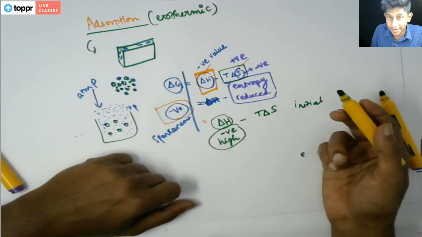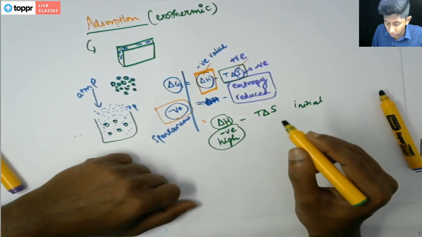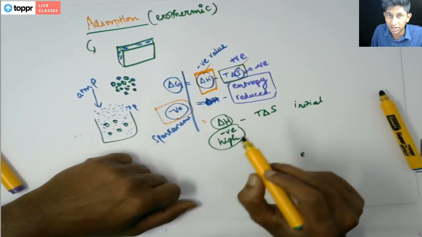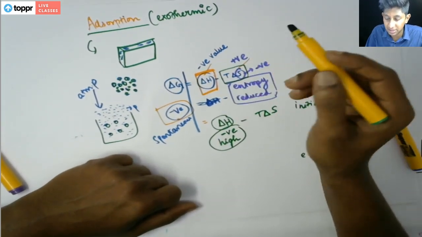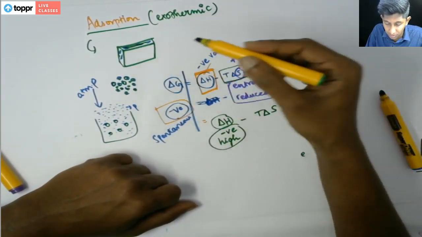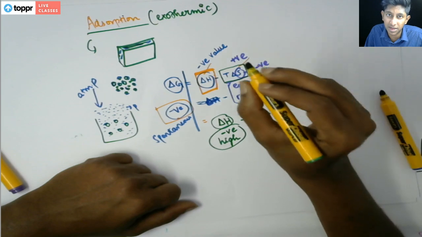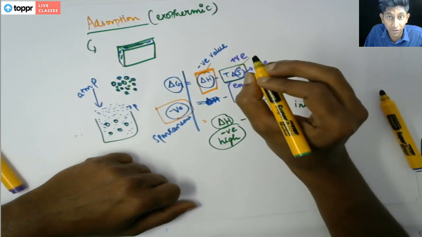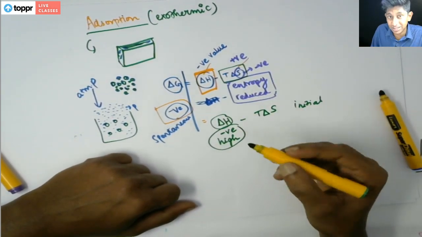delta H over time reduces. Delta H's magnitude, as adsorption keeps happening, reduces because the surface gets saturated more and more, and the reaction is not happening as much as it did before. So delta H is gradually reducing.